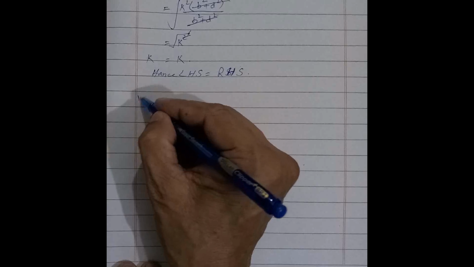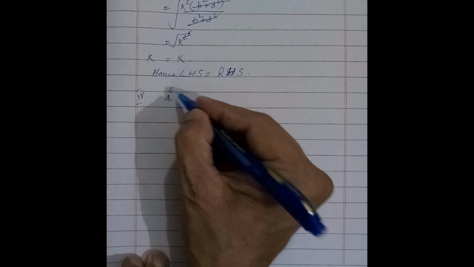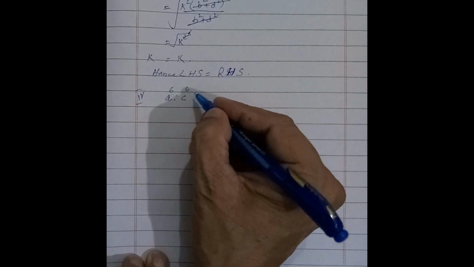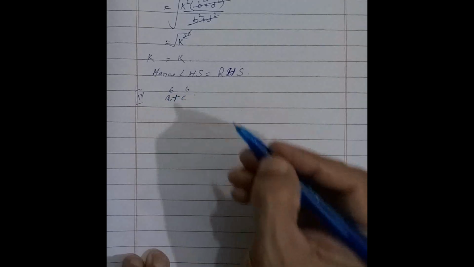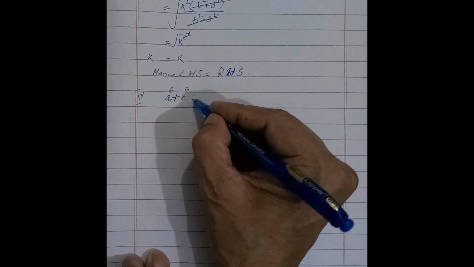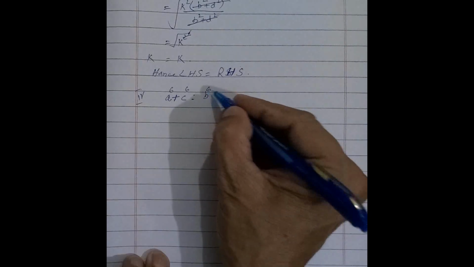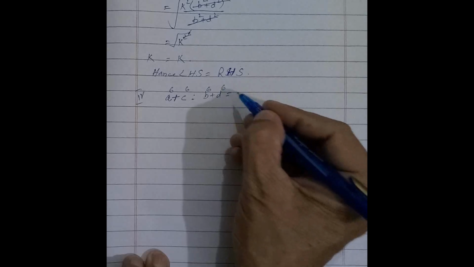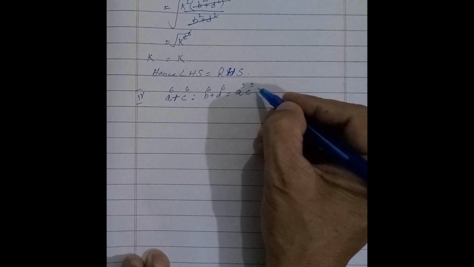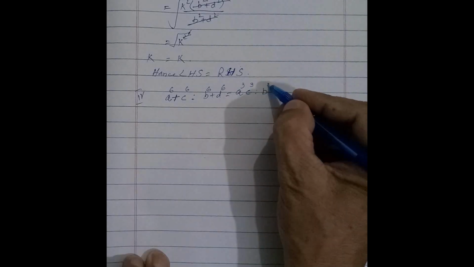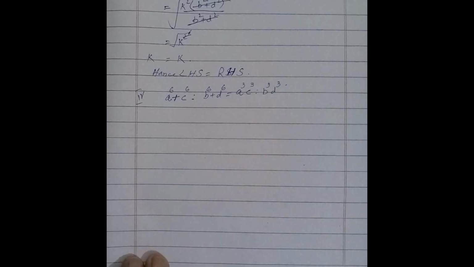The next is question 4, in which A to the power 6 plus C to the power 6 ratio B to the power 6 plus D to the power 6 is equal to A cubed C cubed ratio B cubed D cubed.